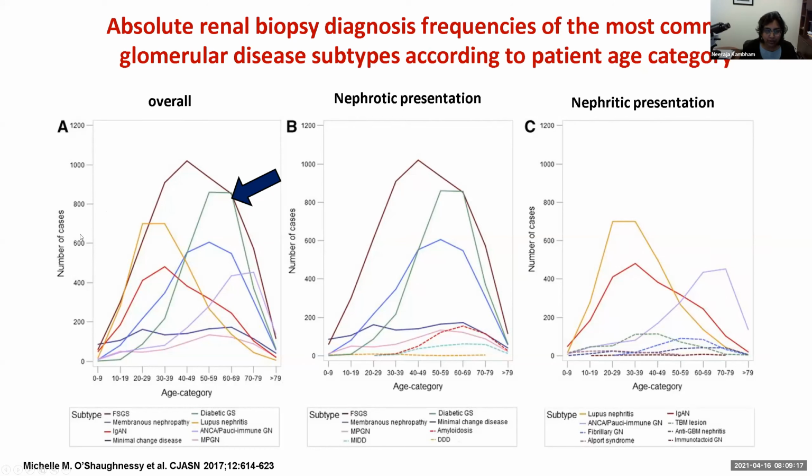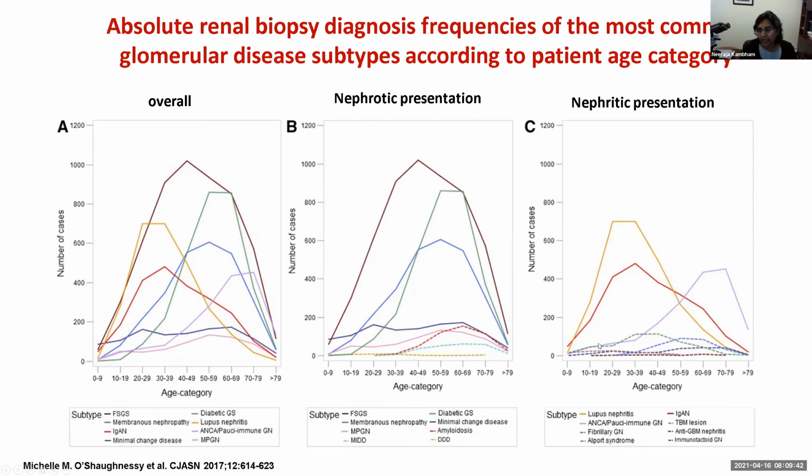And the vast majority of this diabetic glomerulosclerosis, the patients have what's called the nephrotic presentation, and you can see that here, indicating that all of them have a really high degree of proteinuria, that is a lot of protein being spilled in the urine, more than 3.5 grams. Very few of them have what's called the nephritic presentation.